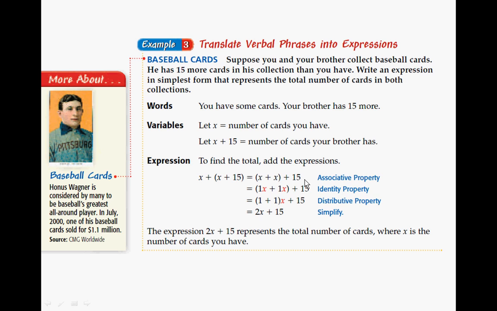And when you put that together, notice how you can combine the like terms. In this case, it'd be a 1x and a 1x, and you end up with 2x plus 15. So the expression 2x plus 15 represents the total number of cards, and x is representing what you have. It could be 10, it could be 20, but whatever the number is, your brother has 15 more than you. Okay?